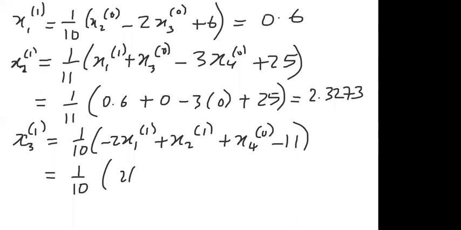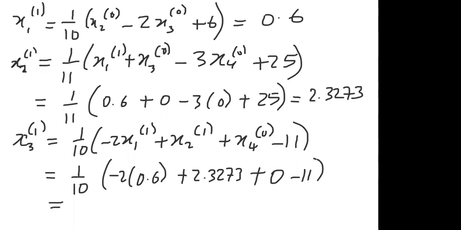This will be minus 2 times x1 1, which is 0.6, then plus x2 1, which we just found, 2.3273. Then x4 0 is 0, then minus 11. We should be able to simplify that, and it will give us negative 0.9873, right?